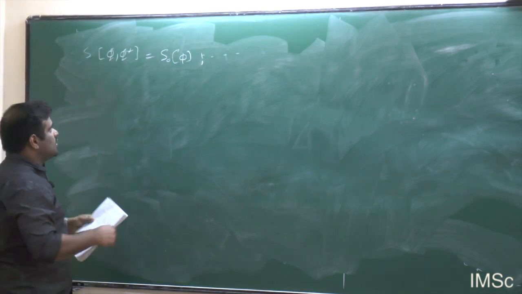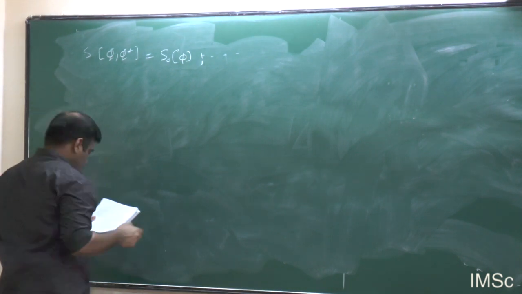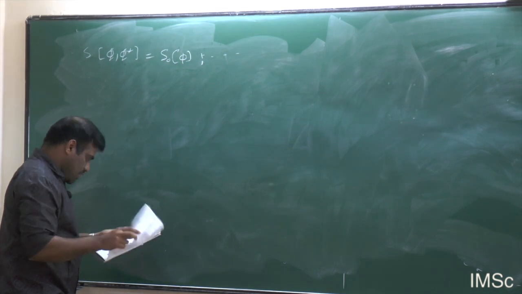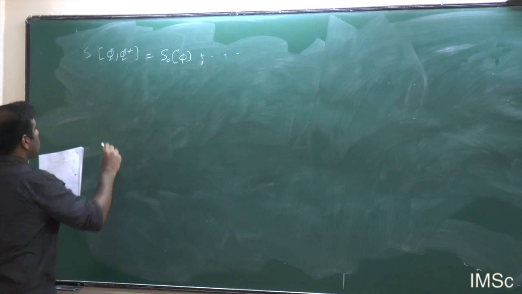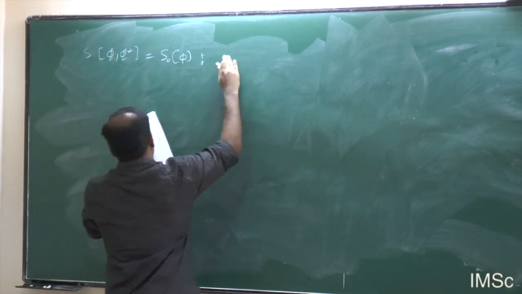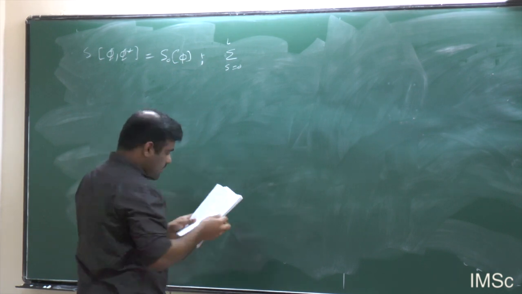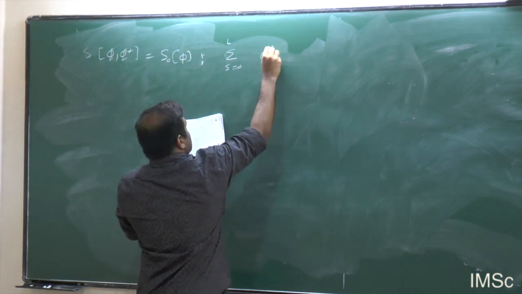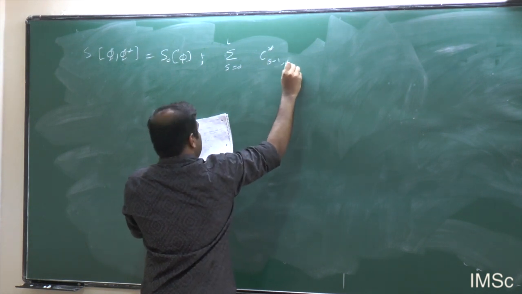Let me write down the structure of it. So this is again guaranteed. Let's say you have an L-stage reducible theory. Then the first term is S0. The second term is given by C star alpha_{s-1} times R alpha_{s-1}.